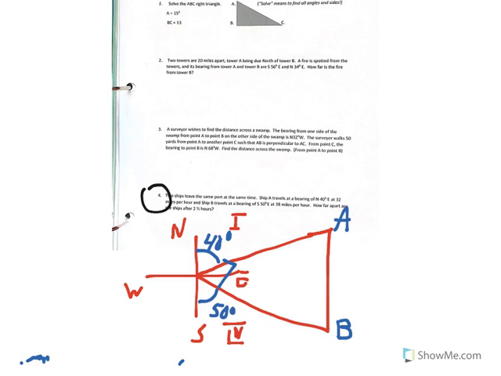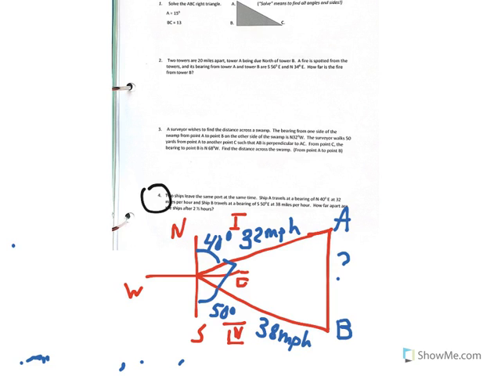We want to know how far apart they are after 2.5 hours. Well, we know that ship A is going 32 miles per hour, and ship B is going 38 miles per hour. Okay? So the question is, how far are they? Remember, this is given in miles per hour. We need to know the distance.